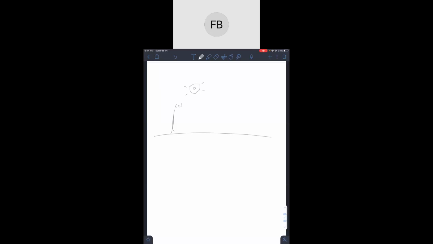And then, oh my goodness, I messed up, guys. There's no hydrogen here. Did anyone see that? This is a learning curve for me too. There's no hydrogen there because it's aromatic. It has double bonds. So let me draw it with the actual bonds.